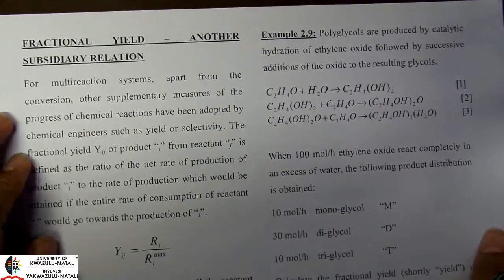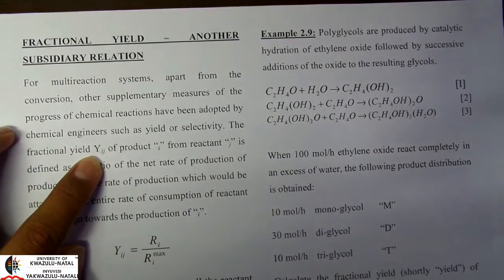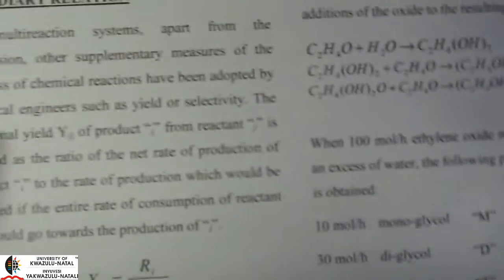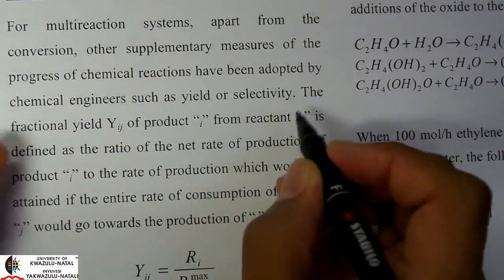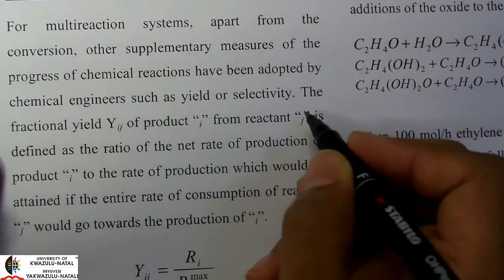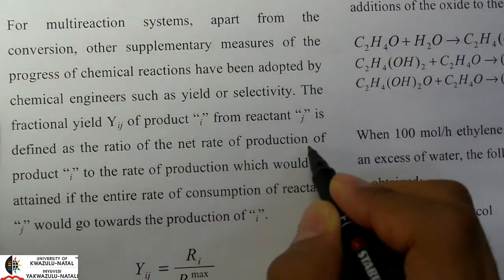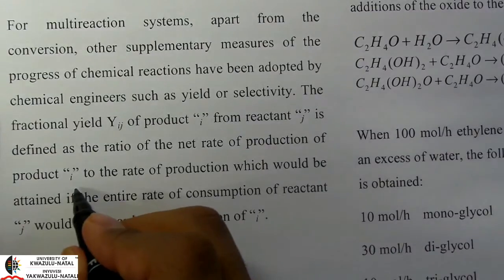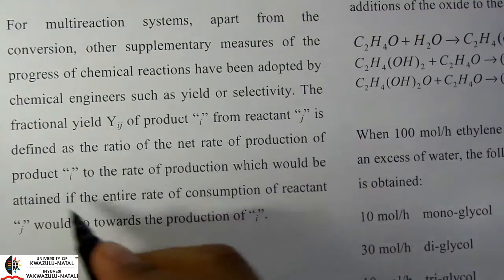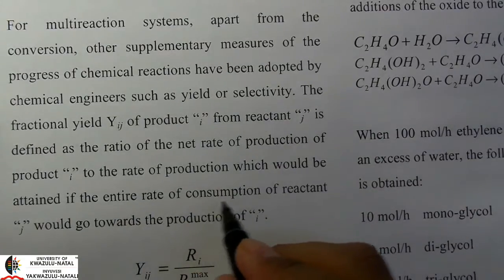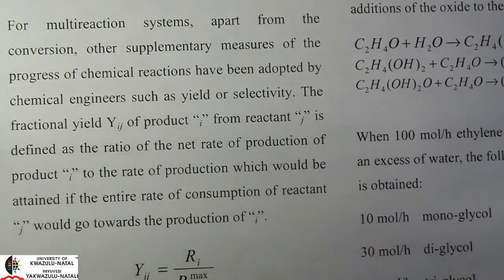So the fractional yield given by Yij of product I from reactant J is defined as the ratio of the net rate of production of product I to the rate of production which would be attained if the entire rate of consumption of reactant J went towards the production of I.